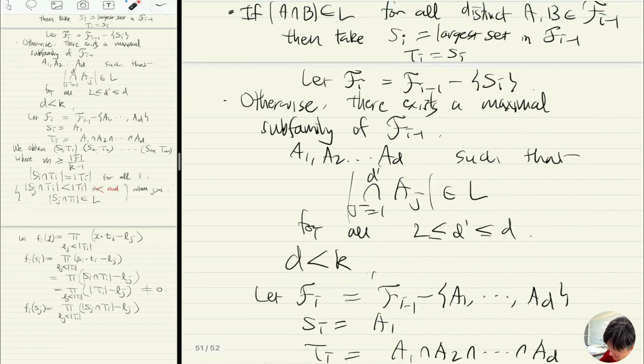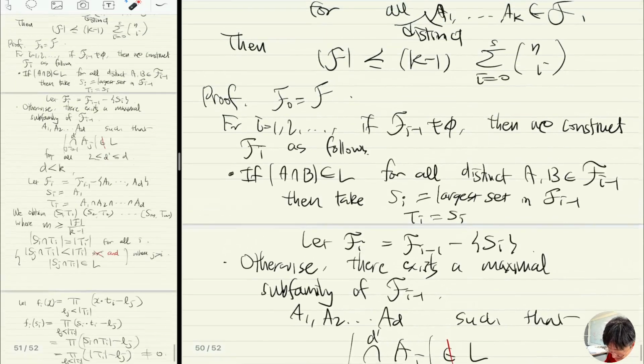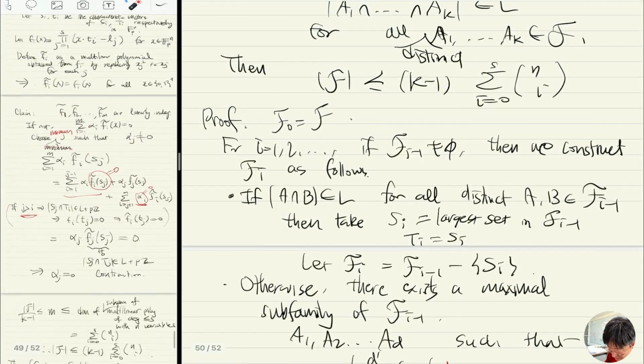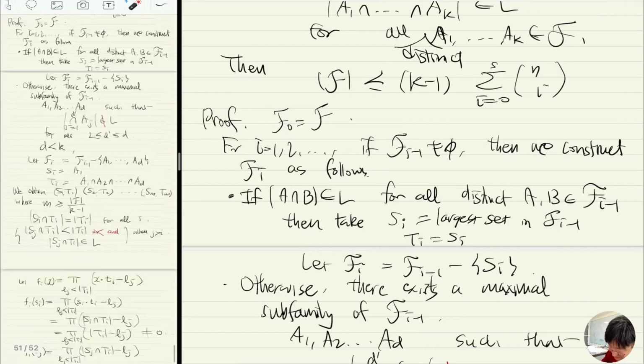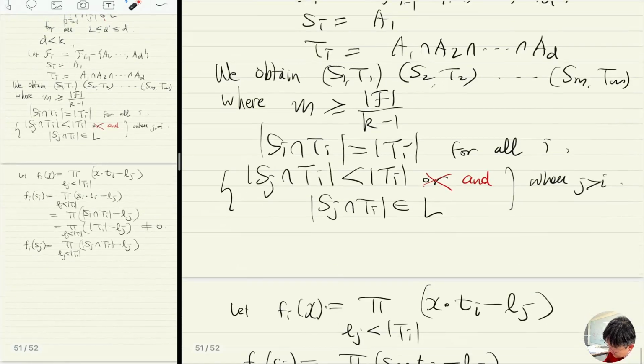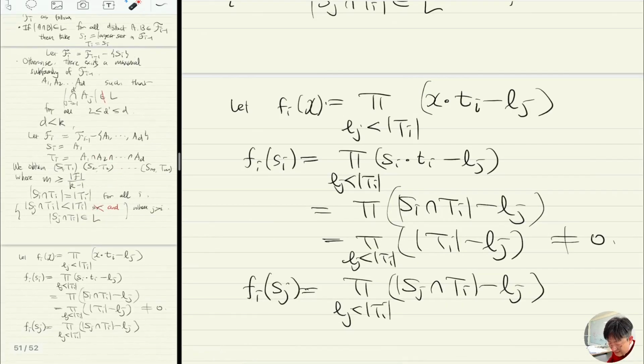Yes, the intersection is not in L. I hope I didn't make the same mistake there. No, it was correct. So this number is in L, and the cardinality is strictly less than that of T_i, so this is 0.